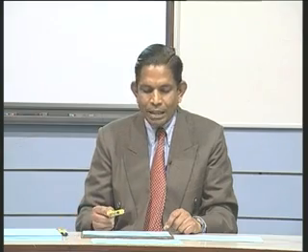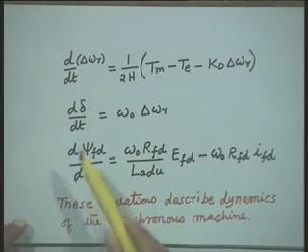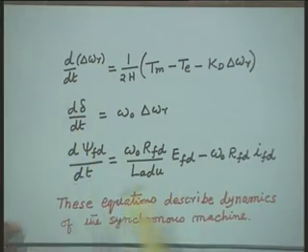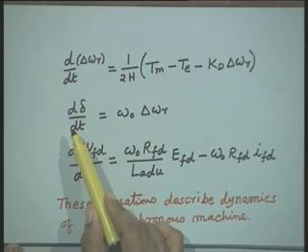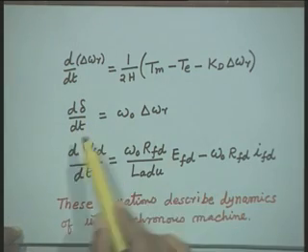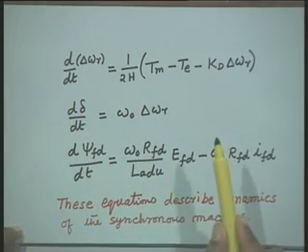The complete model considering the rotor dynamics and the field flux dynamics can be written in this form. These first two equations represent the dynamics of the synchronous machine rotor. These two equations are well known to us.